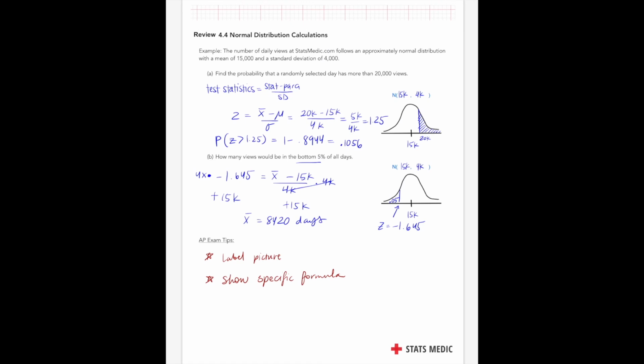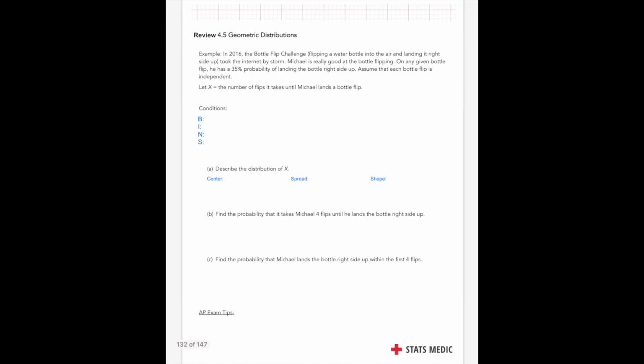All right, last question for this review is geometric distributions. Geometric distribution also has to deal with bins. And then we are also going to look at the center, spread and shape first. So in this example, it says in 2016, the bottle flip challenge, which is when you flip a water bottle in the air and land it right side up, took the internet by storm, as you guys probably recall.